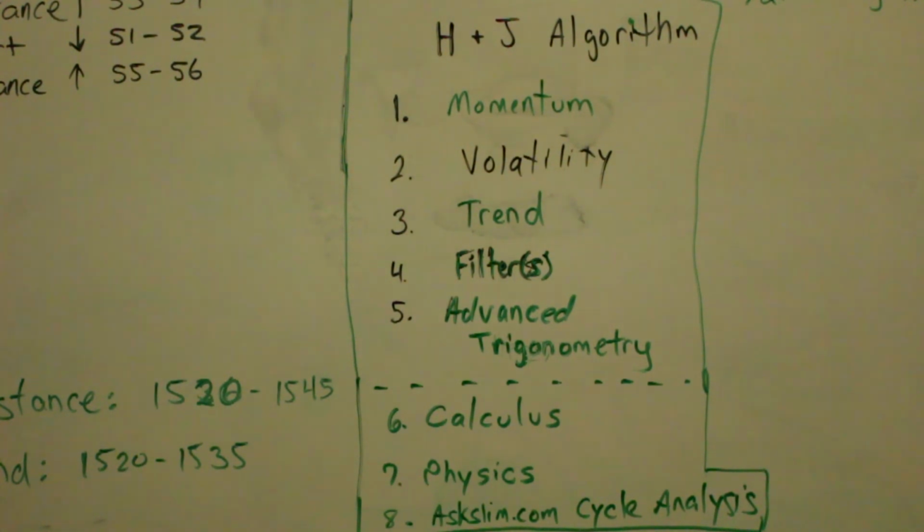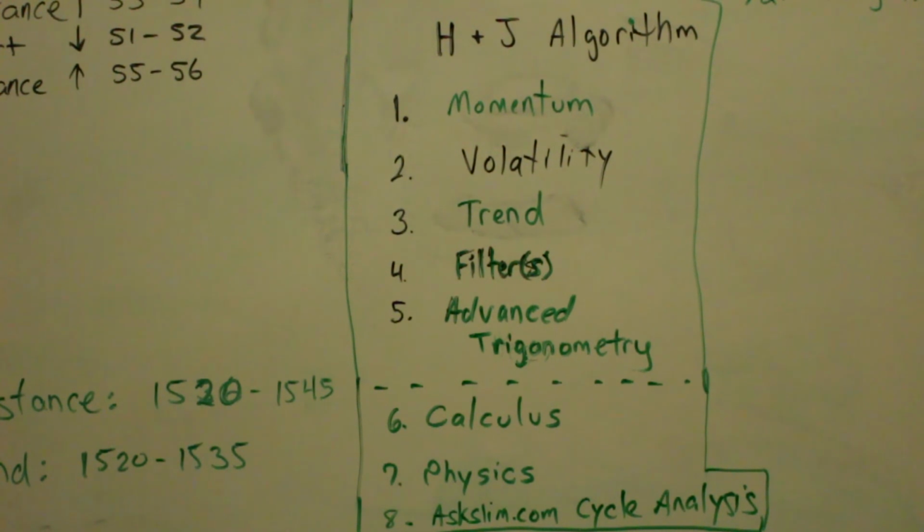Okay, we're specifically talking about using the calculations of trigonometry inside the algorithm itself. Okay, and that is one of the things in the algorithm that I think is a little bit different. I'm not going to say that alone helps us make good trades, but it definitely made a big difference, okay?